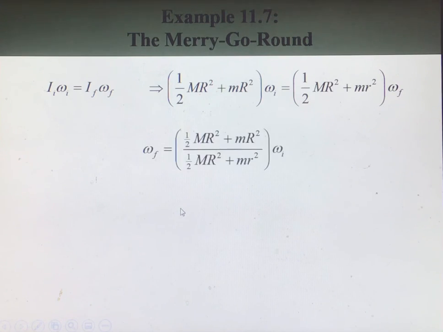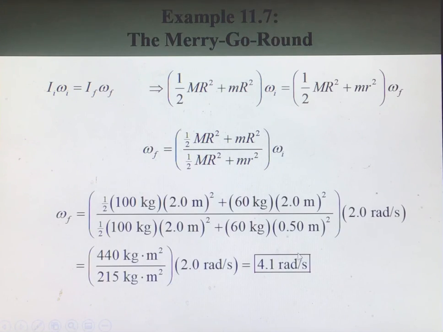If you put those two equations together, you can solve for the final value of the angular velocity, and if you substitute here, you get this quantity right here. Notice that the angular velocity has increased from 2.0 radians per second to 4.1 radians per second. The angular speed has increased because the moment of inertia has reduced.